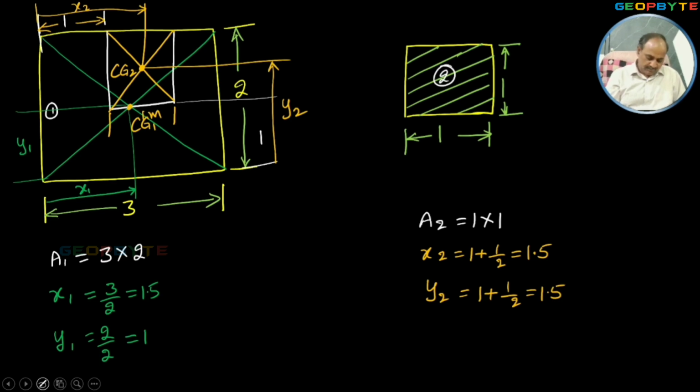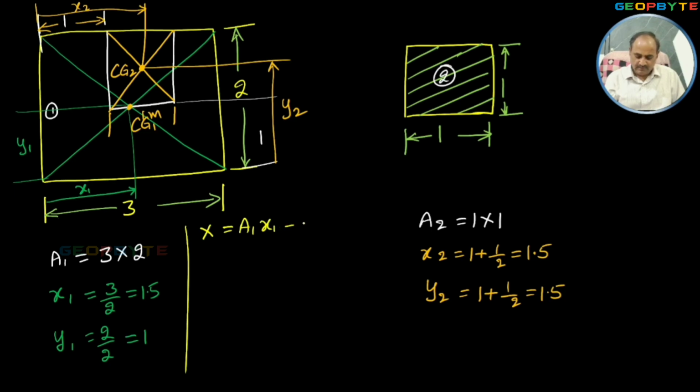Okay, then the centroid distance on the x-axis is (a1 x1 minus a2 x2) by (a1 minus a2). A1 is 3 into 2, equal to 6. 6 into x1, 1.5, minus a2.